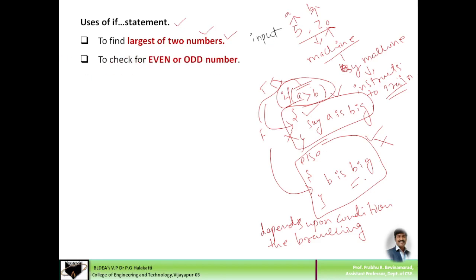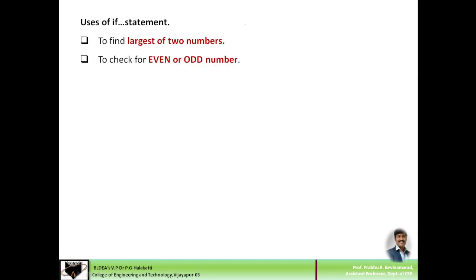Similarly, we have some other applications. Suppose you want to find whether a given number is even or odd. In that case, we will use conditional branching statements. Let us take an example here. Assume I have taken a number n, and I don't know the value of n.